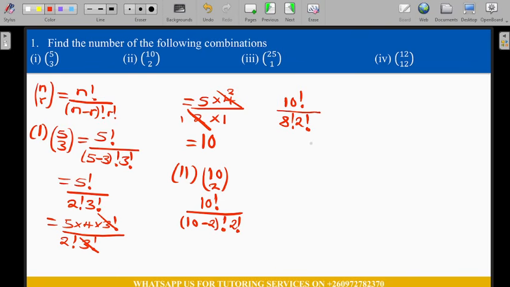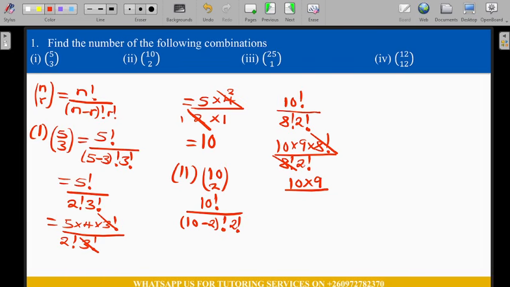As we reach here, we need to reduce 10 factorial up to 8 factorial. So it will be 10 times 9 times 8 factorial, over 8 factorial, 2 factorial. Here 8 factorial and 8 factorial cancel. Then we remain with 10 times 9 for our numerator and 2 factorial for the denominator.